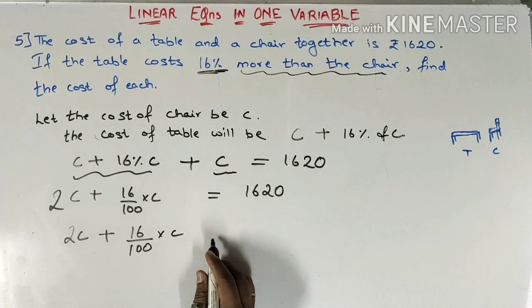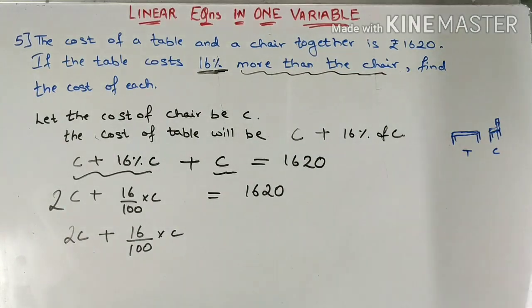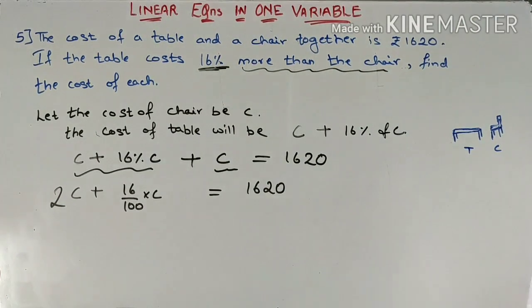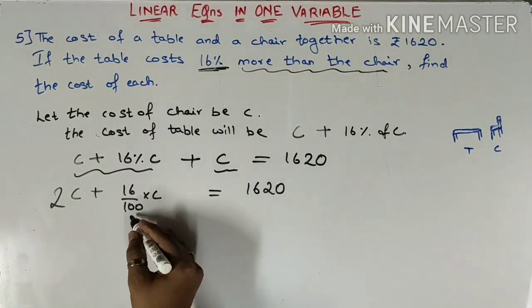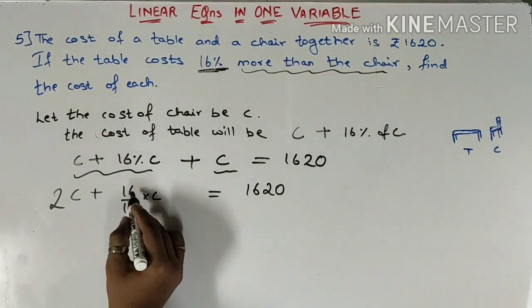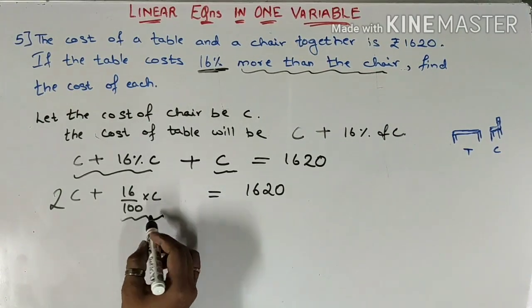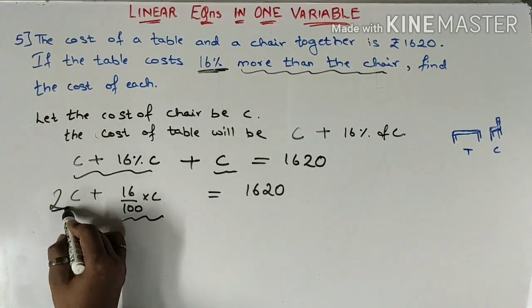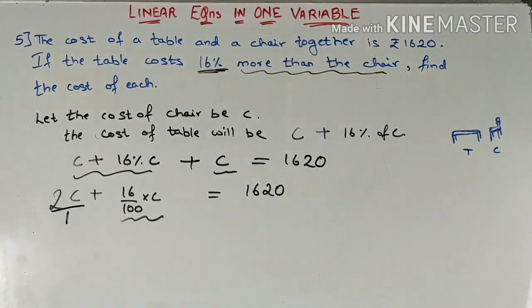What I can do is, I want to get rid of this denominator first. I want to take it on the other side, but here this is one fraction with the denominator 100, this is one number with the denominator 1, so I cannot add them directly without having their denominators the same.